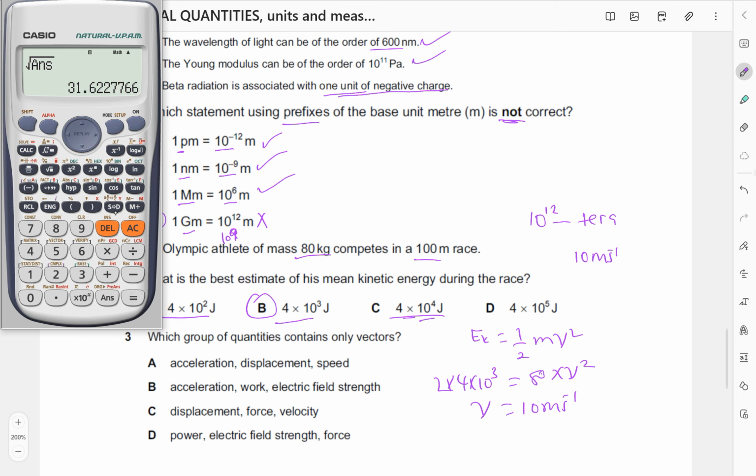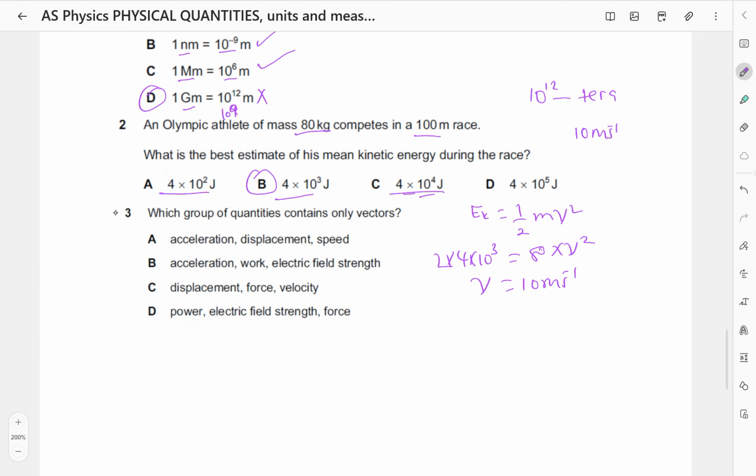So that is 31 meters per second. That is a very big speed, because even a car on a highway runs at 22.2 meters per second. So 31 meters per second is too high. So the answer is B.